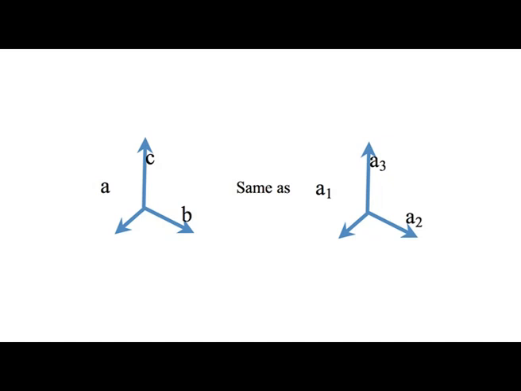A, B, C is exactly the same as A1, A2, A3. A, B, C was earlier the basis vectors for the real lattice or the direct lattice. So, now it is A1, A2 and A3.